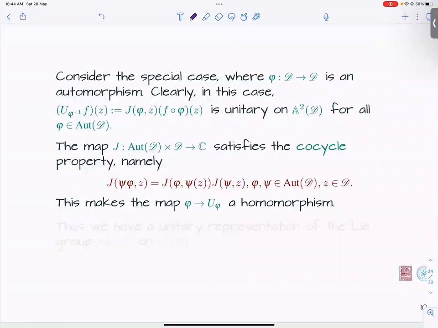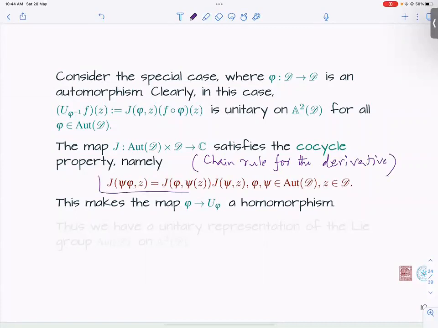Now it satisfies what is called the cocycle property. And the cocycle property is nothing but something like the chain rule for the derivative. This is just the chain rule for the derivative. This, as I said, is a bit of an aside. Okay, which means just this.